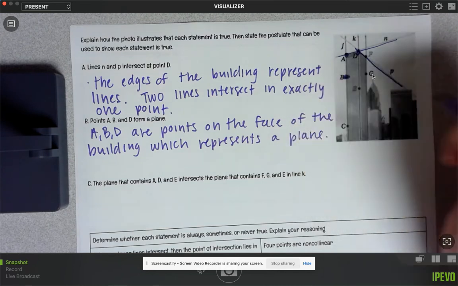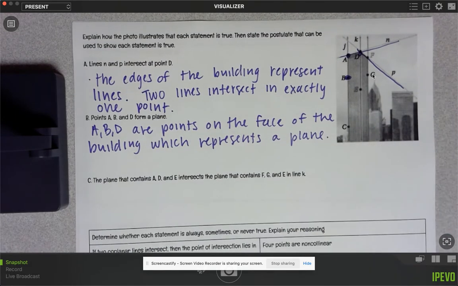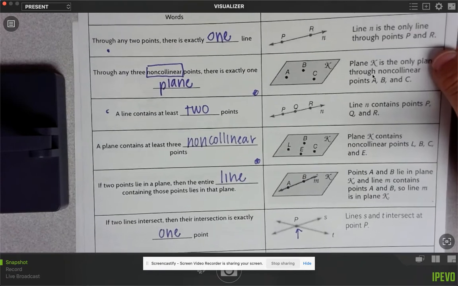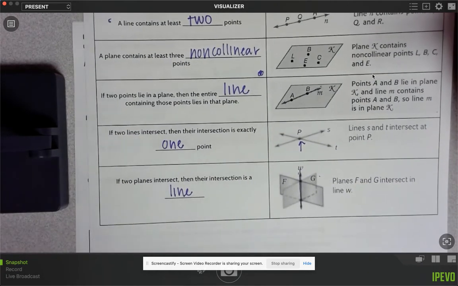And now we're thinking, which one of our postulates works with that? Which one talks about 3 points making a plane?